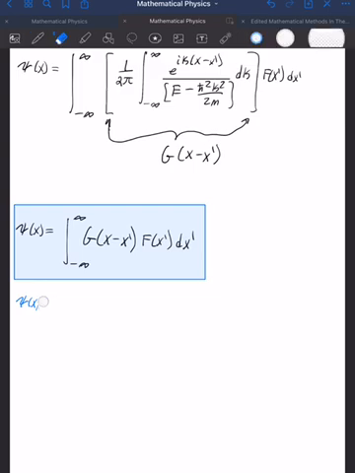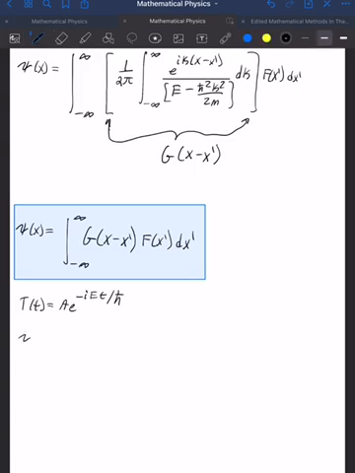So taking what we found from the previous parts, we found that T of t is equal to A e to the minus i E t over h bar. And we just found this expression for psi of x.